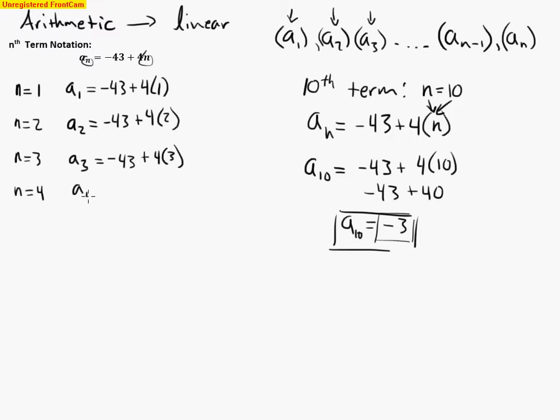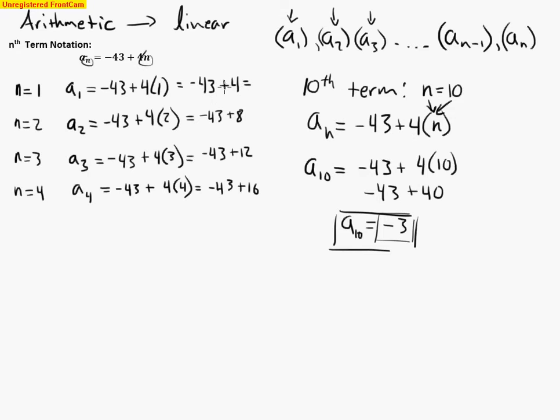And finally, a_4 equals negative 43 plus 4 times 4. So this is going to be negative 43 plus 4. This is going to be negative 43 plus 8. This is negative 43 plus 12. And this is negative 43 plus 16.